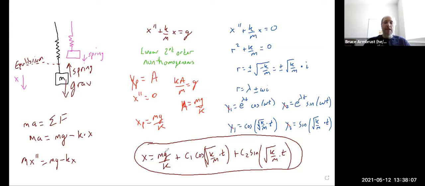Like think about mg. Mg is your gravitational force. When you divide it by k, like if you just ignored all of the cosine stuff and you just looked at this piece right here, that's saying mg equals kx. That's saying your gravity is equal to your spring force. This is what's necessary for your offset.